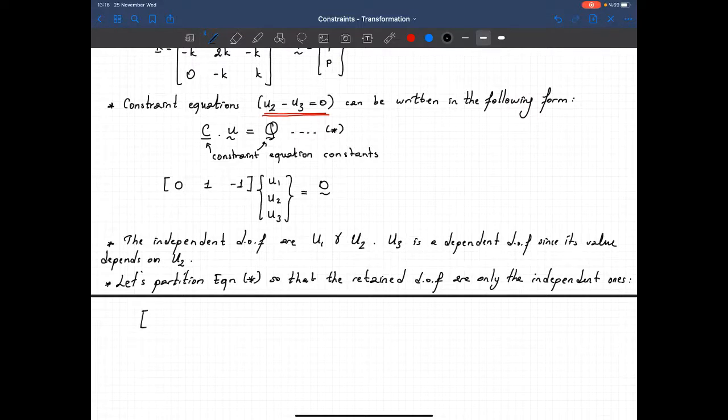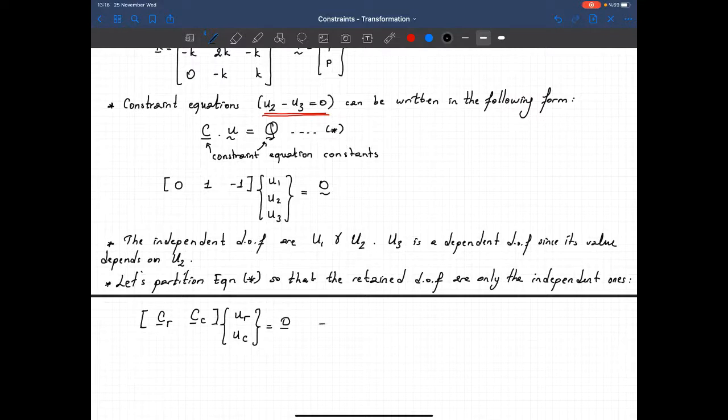So I will partition it this way. I got CR here, CC here, okay, UR and UC here, and that's equal to 0, right?